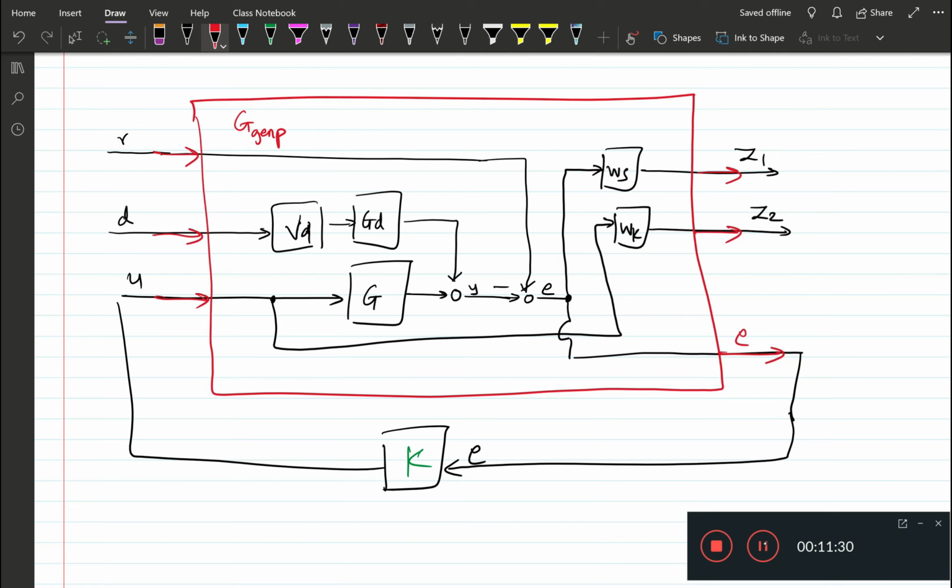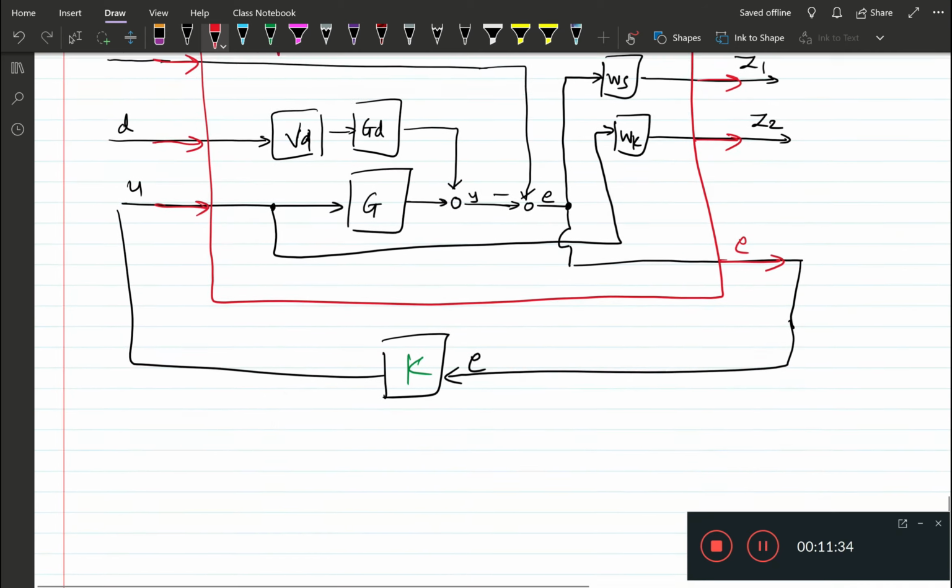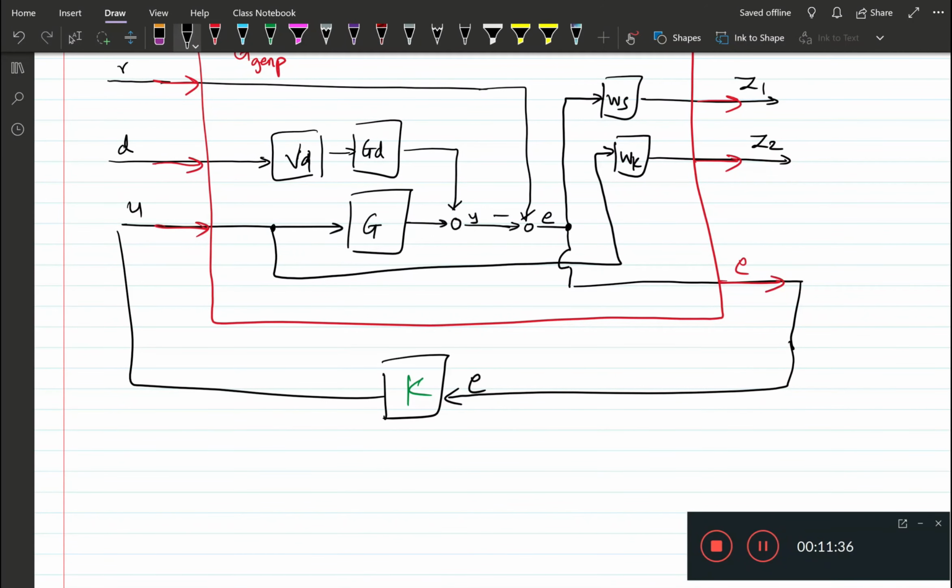We can use this to minimize, then we can basically just run the Hinf command to get the controller K. And now the tuning knobs are Ws, Wk, Vr and Vd.